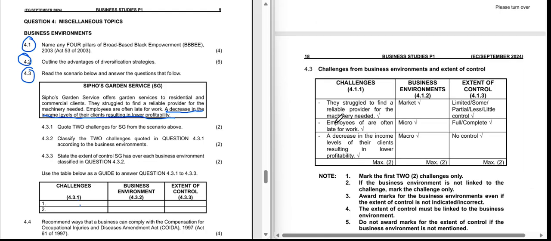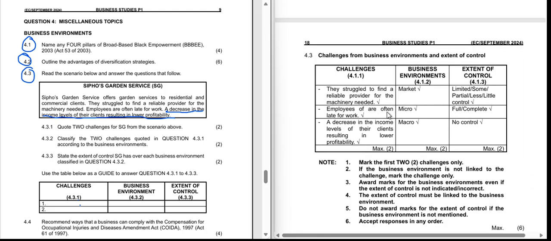We've mentioned 3 challenges, which are the ones that they have here. They struggled to find a reliable provider. So it's a challenge. So this challenge is in which environment? It is the market environment, because this is not something that is internal. So it's outside. The reason why we say it's market is you don't really have control over it.